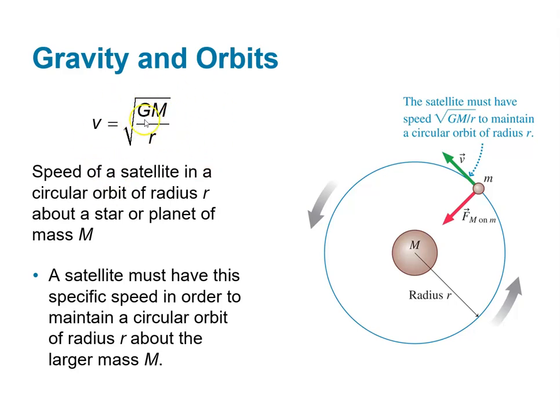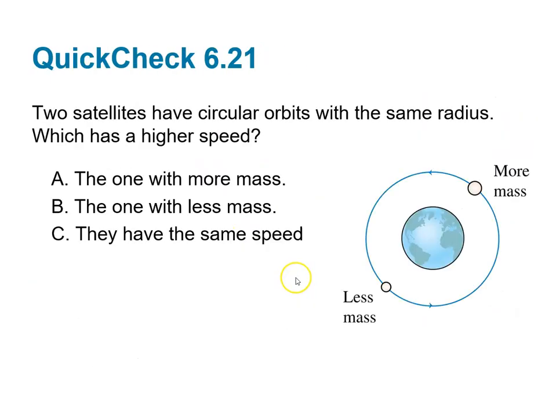The mass of the planet or the Earth is part of the equation. So the mass of the satellite doesn't matter. So as long as they're orbiting with the same radius, they must have the same speed.